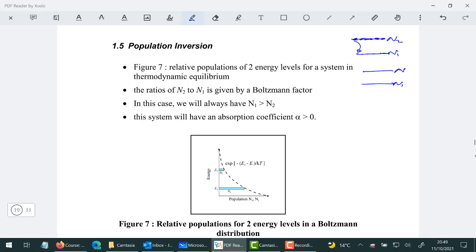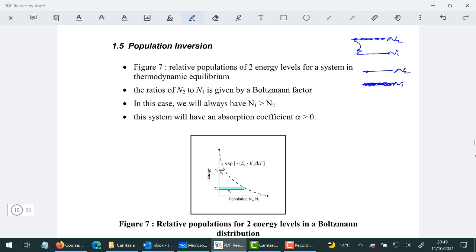And we saw that when we looked at the Boltzmann statistics. We saw, I think it was for Ruby, that at room temperature under thermodynamic equilibrium, for every one atom that we had in level 2, we had 10 to the 30 atoms in level 1.